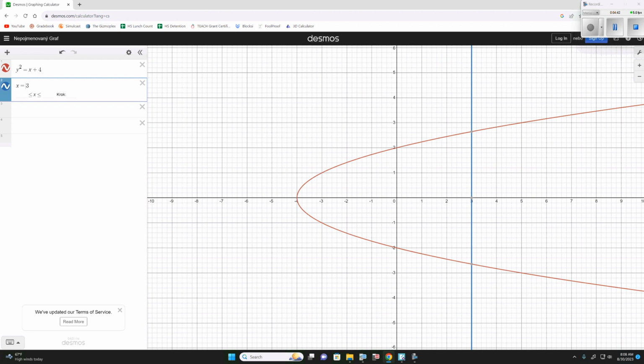Well, yes, it crosses in two places. That blue line is our vertical line test. I can draw a vertical line and it crosses the graph at more than one point. It is not a function. It is an equation. It's just not a function.